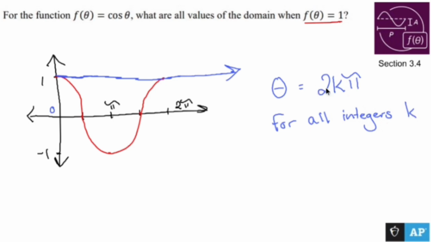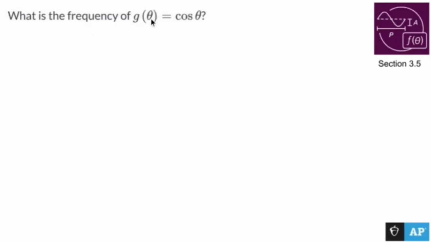If k is 0, 0 makes sense. If k is -1, that makes sense because it's -2 pi. So any integer k, theta is going to be a possible answer because it's periodic and it repeats itself. What is the frequency of g of theta equals cos theta? Whenever you have a sinusoidal function, the number in front of theta, in front of your angle, is technically considered the frequency. So the frequency is 1.